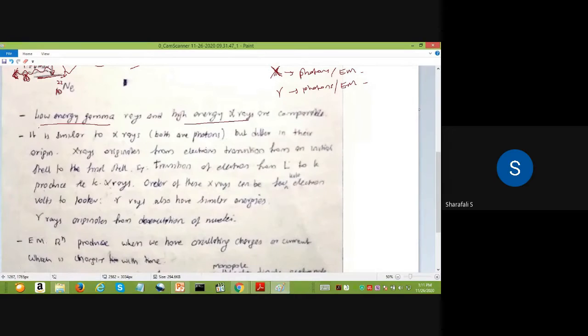So what we can say is that low energy gamma photons are comparable with high energy X-rays.